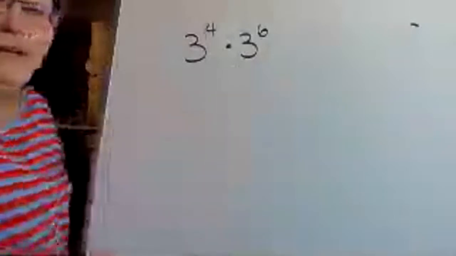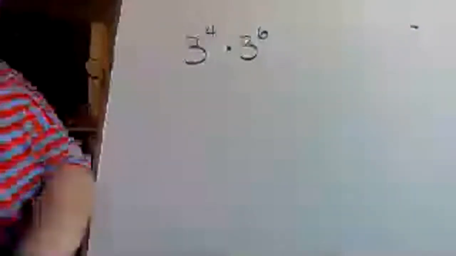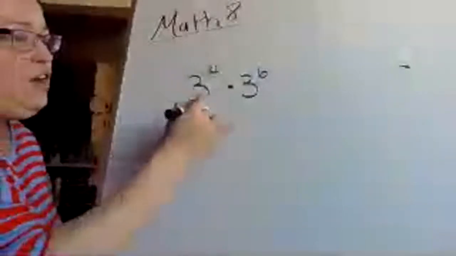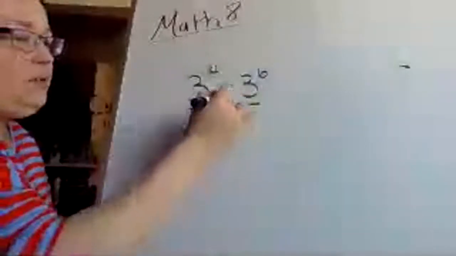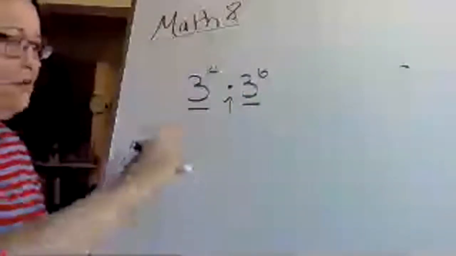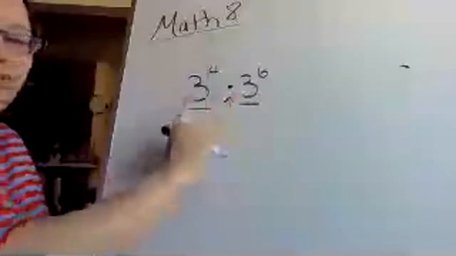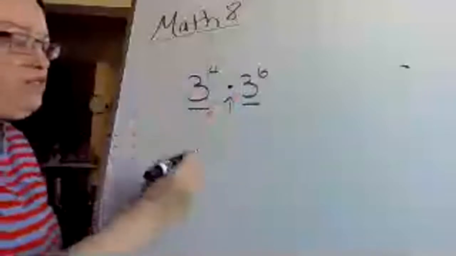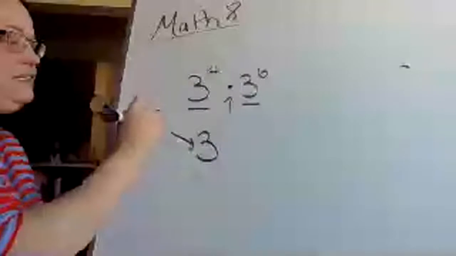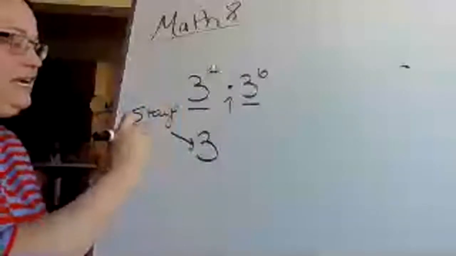Okay, so Emily, I'm not sure which part is what you're talking about, but if you notice the bases, they are multiplied together. Okay, so it's the base that's multiplied together. This is your base, those are multiplied together. When you do that, you keep the base the same. So this stays the same.